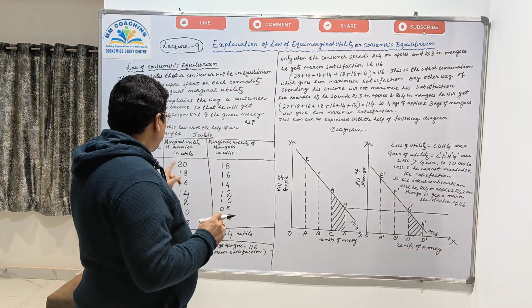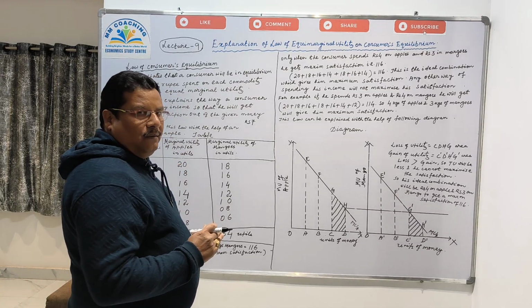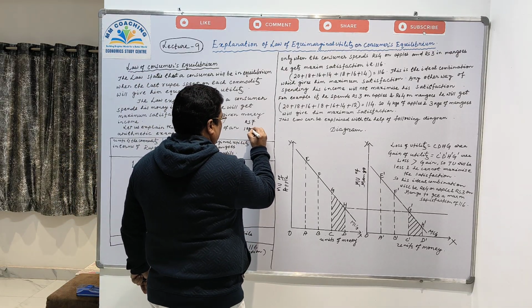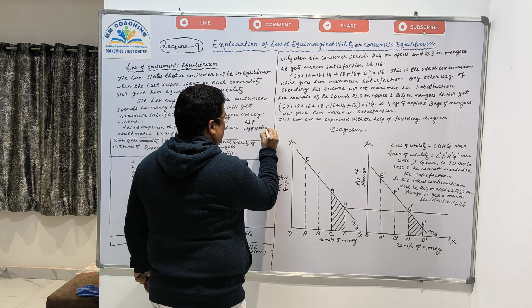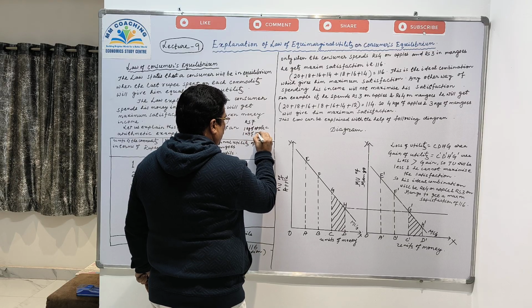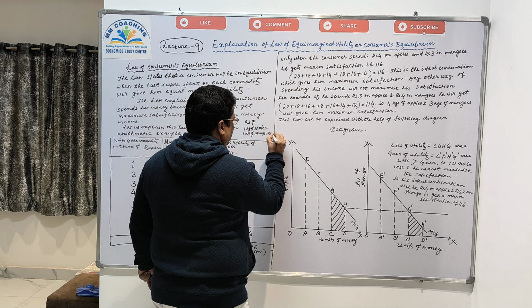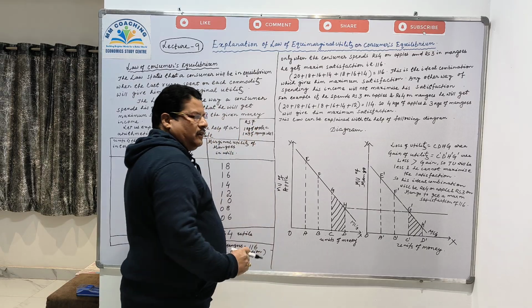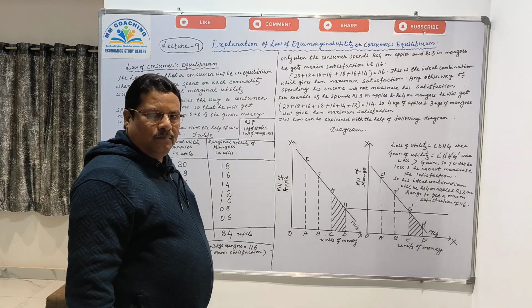Again, price of 1 kilogram of apple equal to 1 kg of mango equal to ₹1. Let us take an imaginary example.